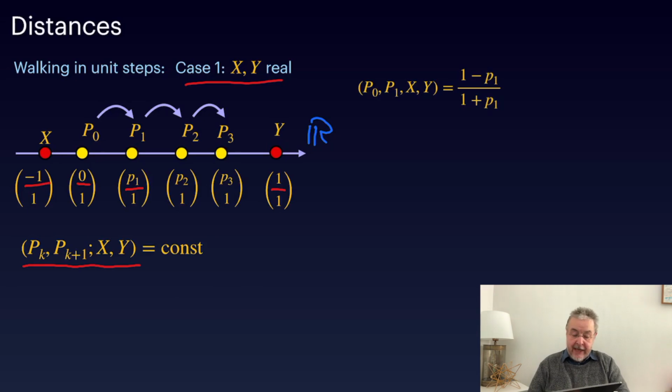Let's first calculate the cross ratio that defines the step from P0 to P1. So you see you have a 0 here, and as a matter of fact, the cross ratio with the 0 here turns out to be just a fraction of that type. So our unit step that we make here corresponds to this value that I calculated here.